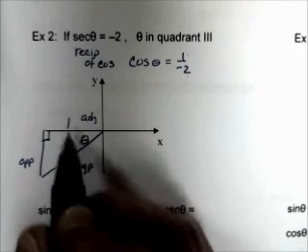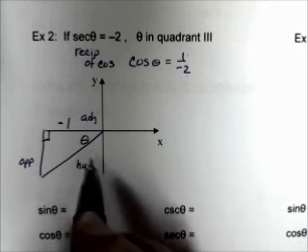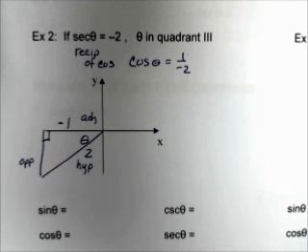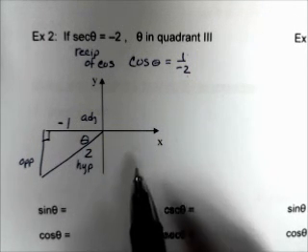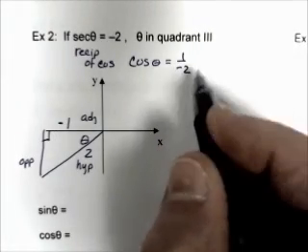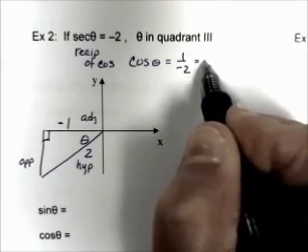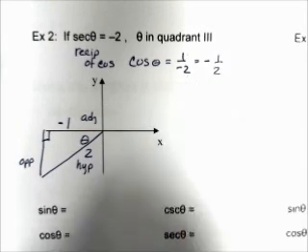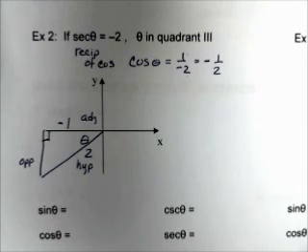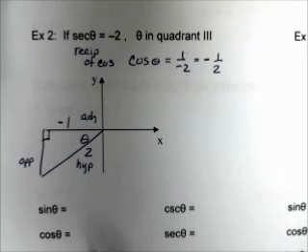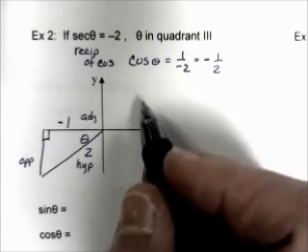So this would be 1, and actually this would be negative 1, and the hypotenuse would be a positive 2. All right, because this 1 over negative 2 could also be written as the negative out in front of the fraction.